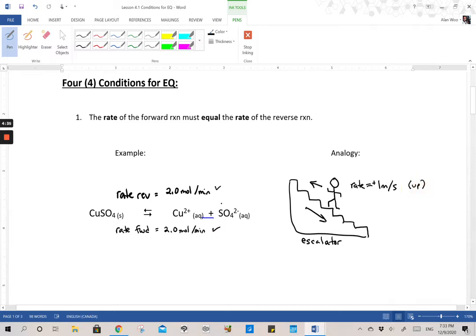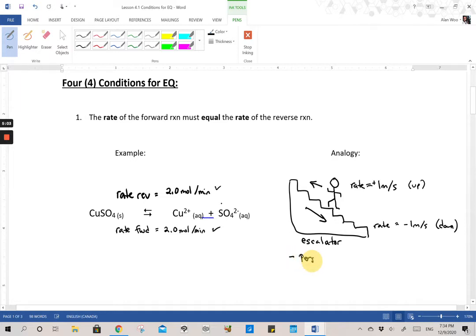But the escalator is going down 1 meter per second, or downwards. If he's moving at 1 meter per second going up and the escalator is going 1 meter per second down, his actual position doesn't change.